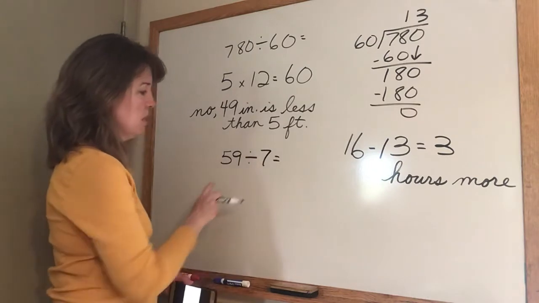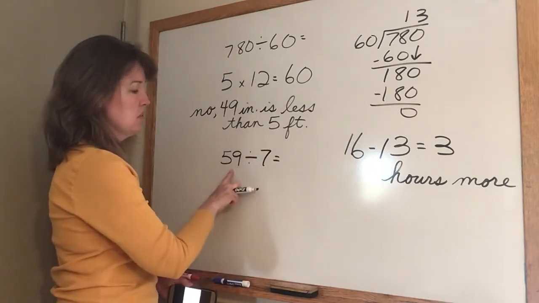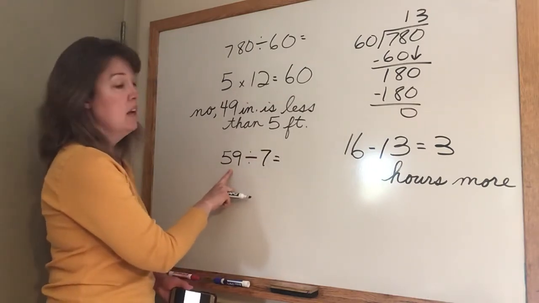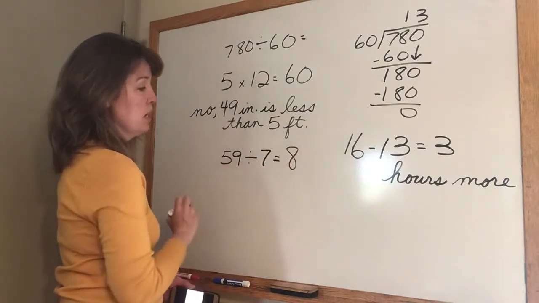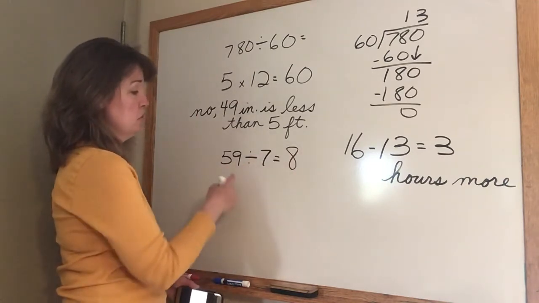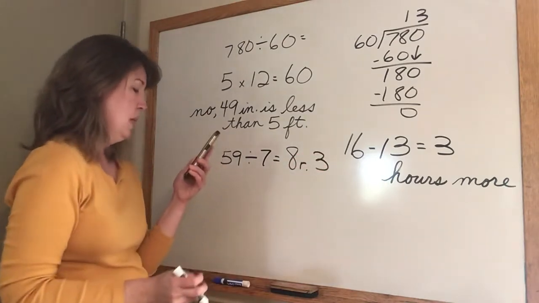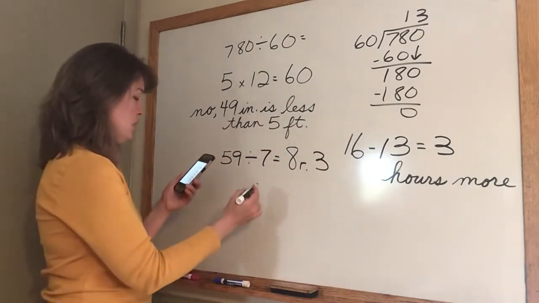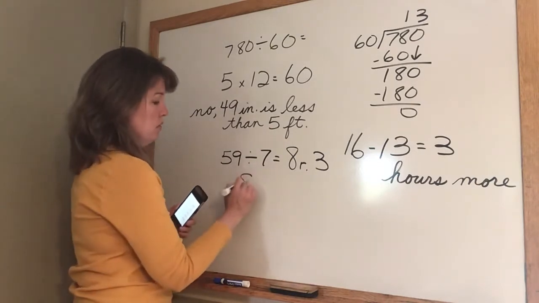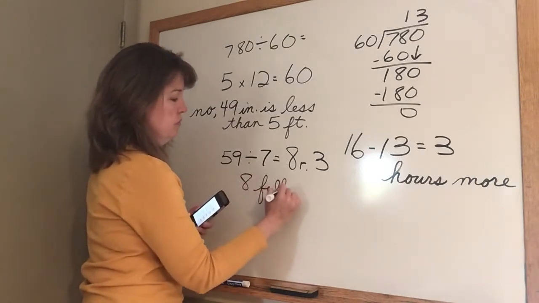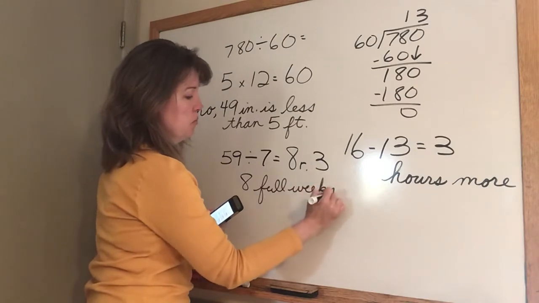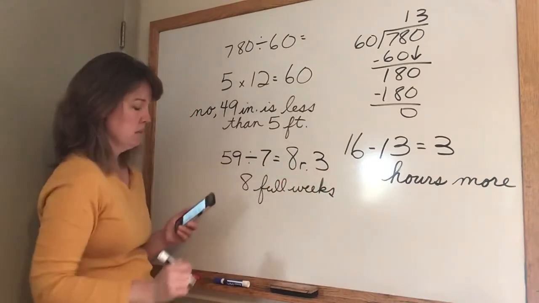So 59 divided by 7. How many times does 7 go into 59? 8 times, right? But there's 3 left over. So the answer is 8 full weeks and then 3 days.